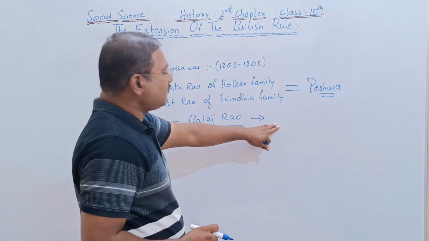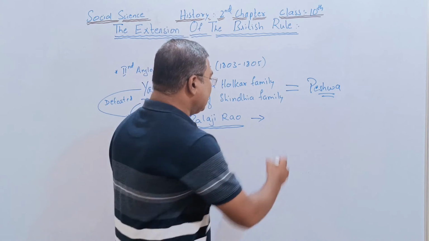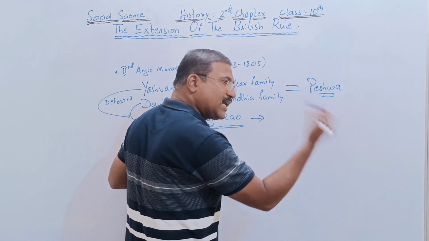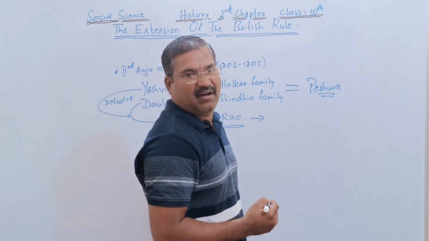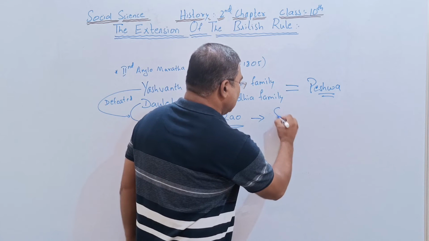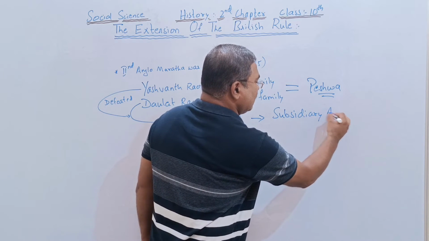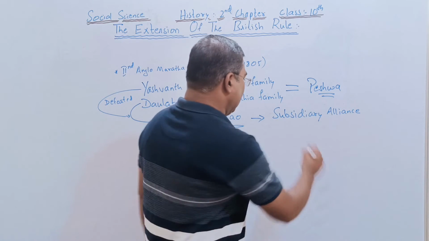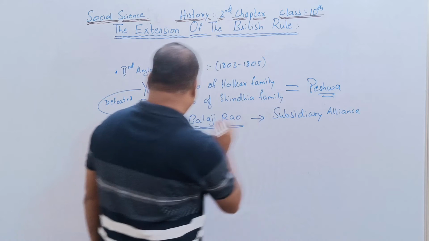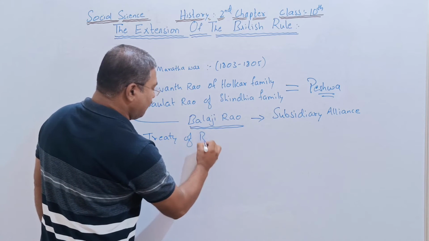Balaji Rao took the help of the British by joining and accepting the agreement, a cunning policy of the British called subsidiary alliance. It was accepted by him by signing the treaty called Treaty of Basin.